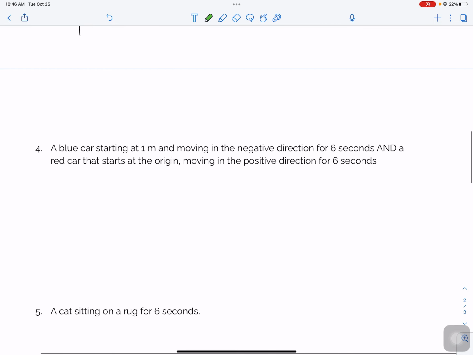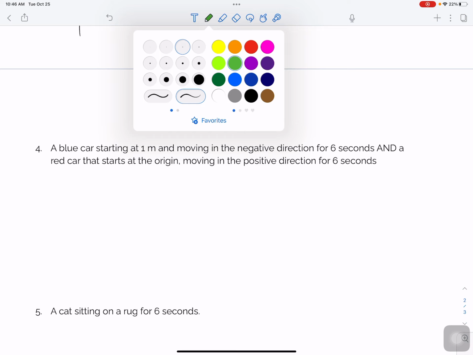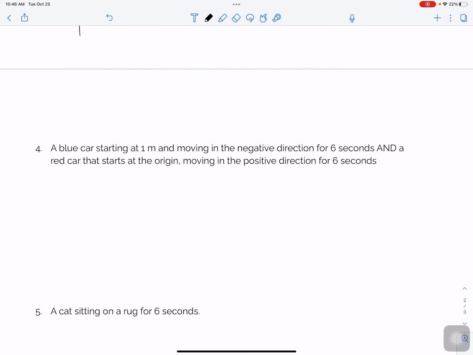Blue car starting at 1 meter, moving in the negative direction for 6 seconds, and a red car that starts at the origin, moving in the positive direction for 6 seconds. I think the direction might have been left out on the original, and if so, I apologize for that. Okay, so we've got position and time, and 1, 2, 3, 4, 5, 6.